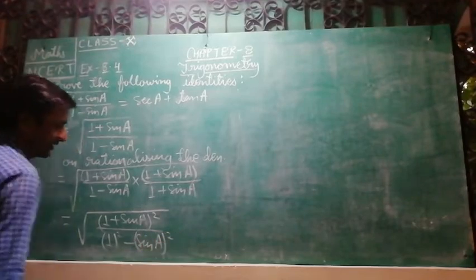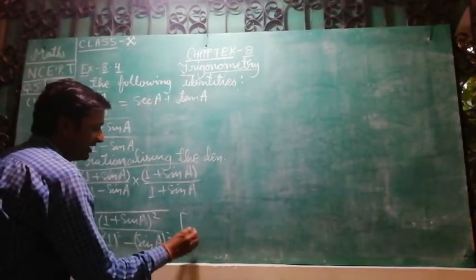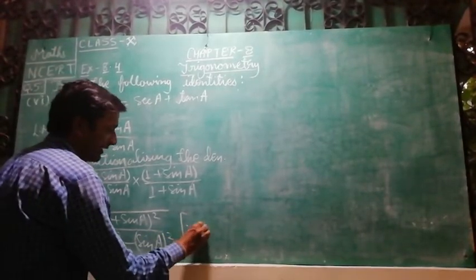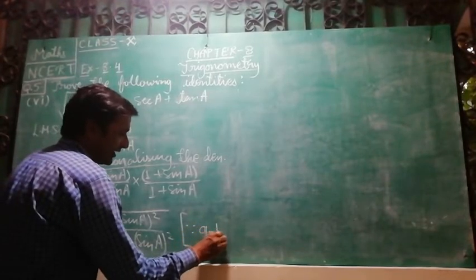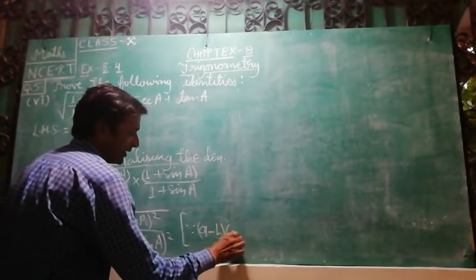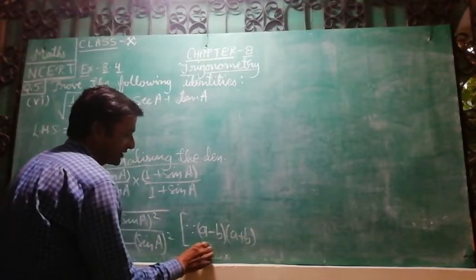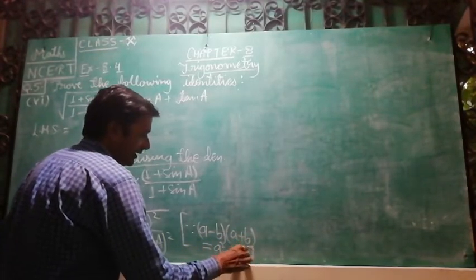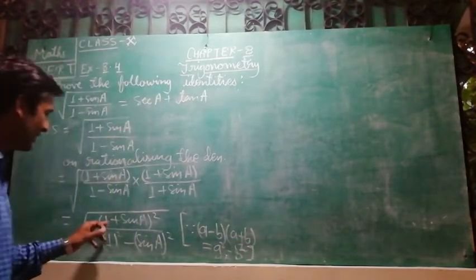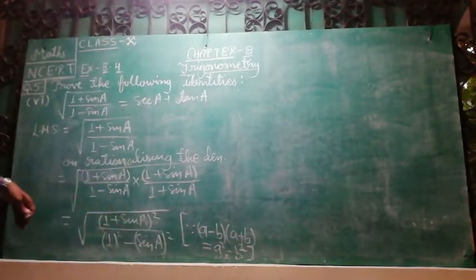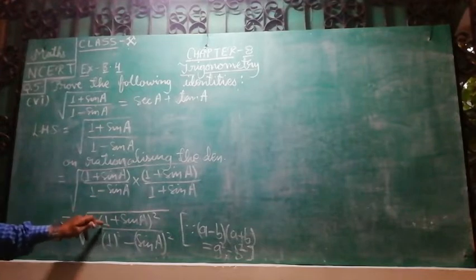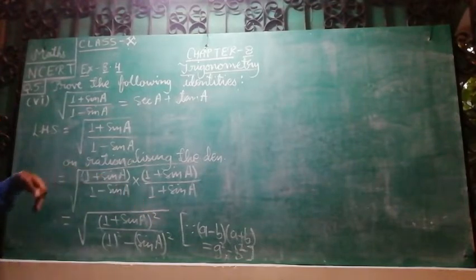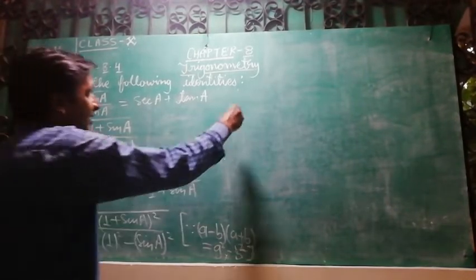So we may write the identity here: a minus b into a plus b is equal to a square minus b square. Here the identity is applicable in the denominator, and in the numerator a plus b whole square can be taken out from the root. So we can write it as 1 plus sin a only, out of the root.